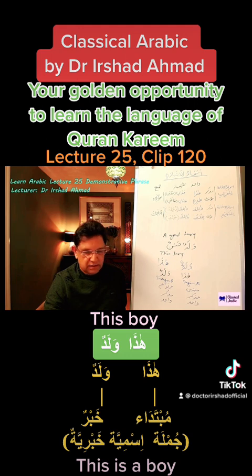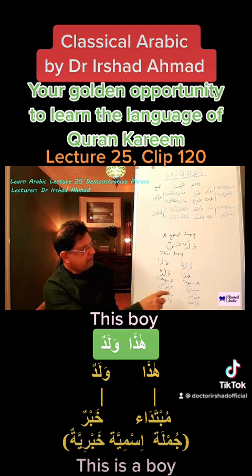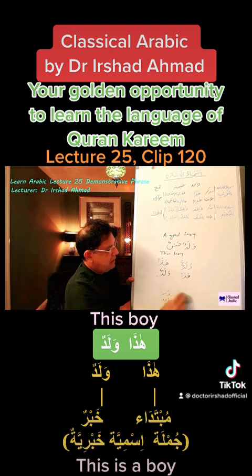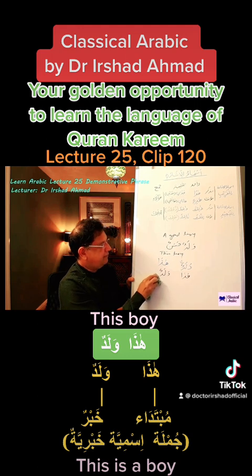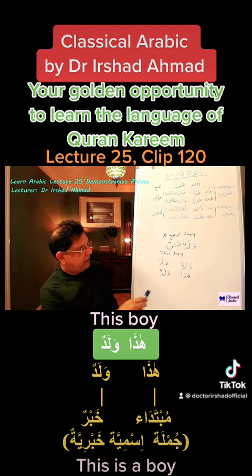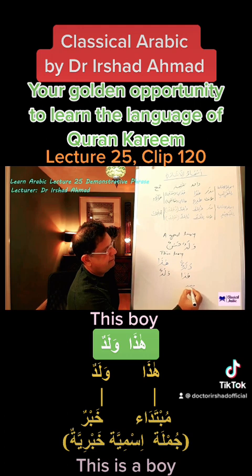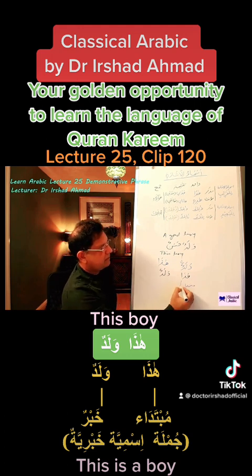Now if we say haza waladun, haza being definite, and at the beginning of a sentence it fulfills the requirements to become mubtada. So it can take the slot of mubtada.